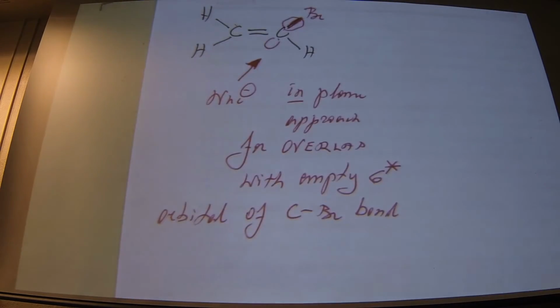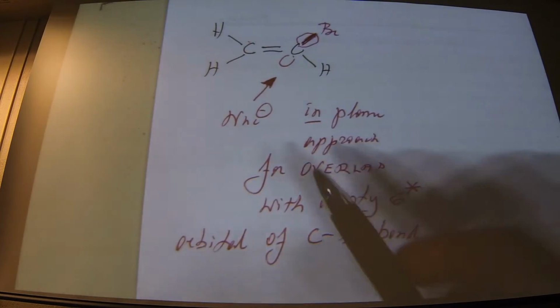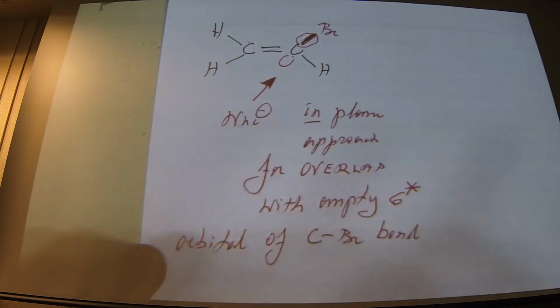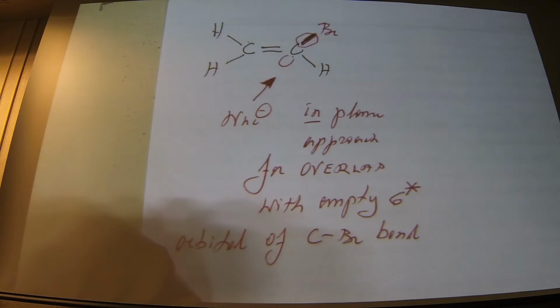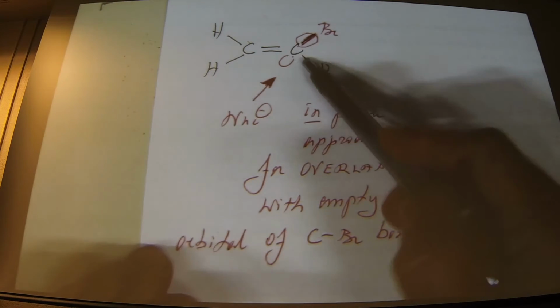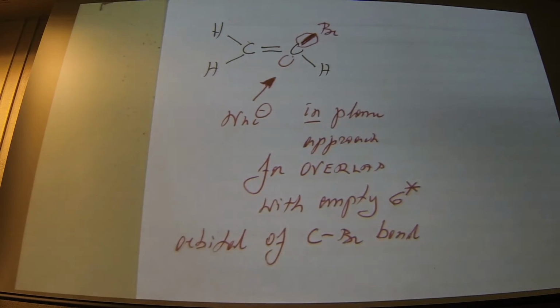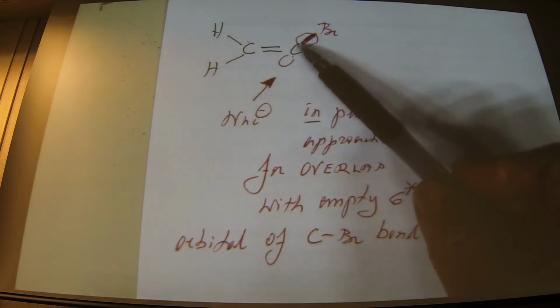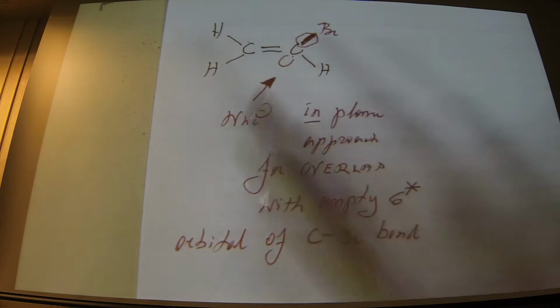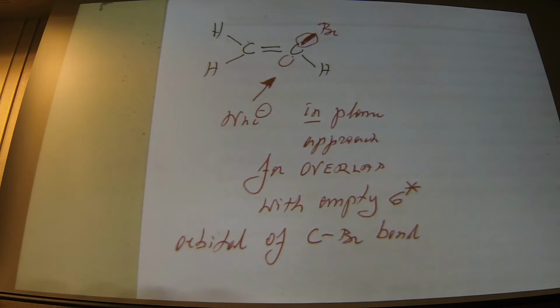And I can say, well, why does it approach from the plane of the molecule? Here's why. The reason it has to approach from the plane of the molecule is because any nucleophile, it doesn't matter whether it's ethoxide or anything else, has an electron pair that it is donating to the atom undergoing change, right? And that atom, in this case, is not a cation, it's a carbon atom with 4 bonds to it.